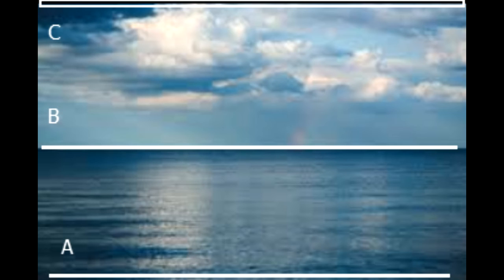Here are 3 lines drawn on an image. The lowest line is A, the middle line is B, and the top line is C. If we look at the water between A and B, and the sky between C and B, they are the same height.